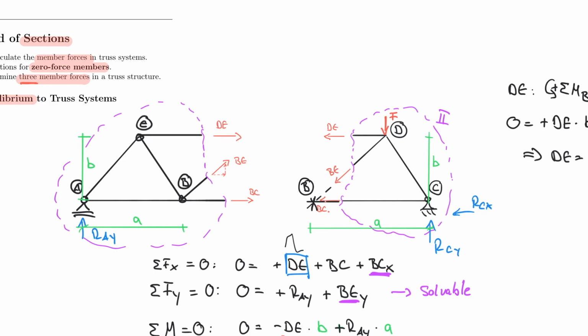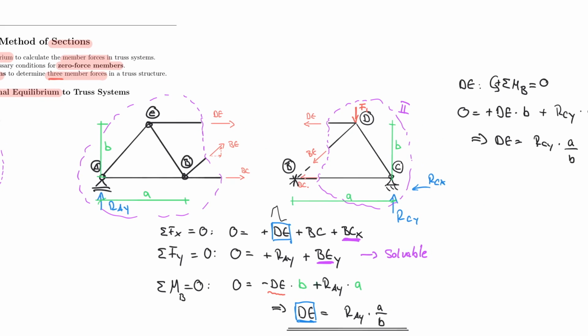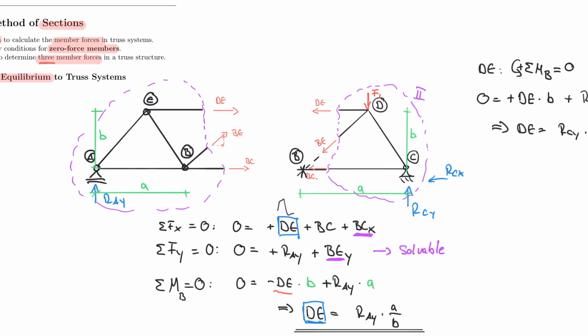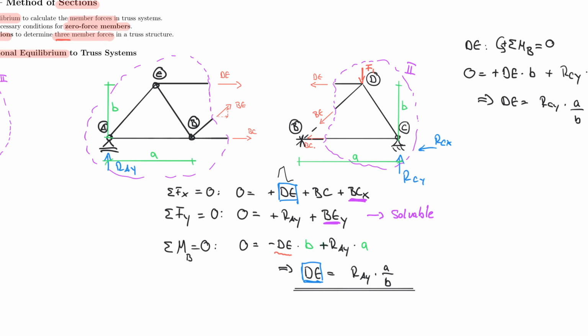And of course, that would have an effect on your support reactions, which we didn't calculate right now, but it would be reflected in RAY and RCY. And so in the equation that we wrote down here, it would have no effect, because for this equation we only worried about this cut on the top left. Whereas for this cut here, we include F1.